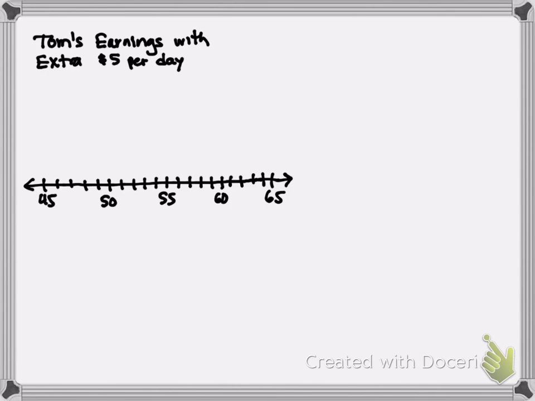I had 1 at 45, I had 3 at 47. I had 3 at 49. I have 2 at 51. I have 2 at 53. I have 3 at 55.